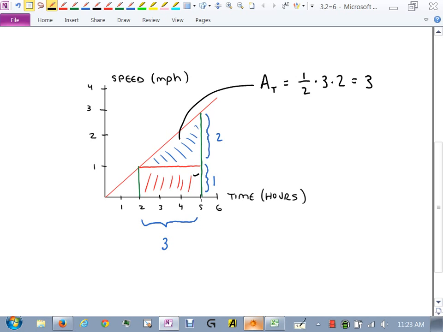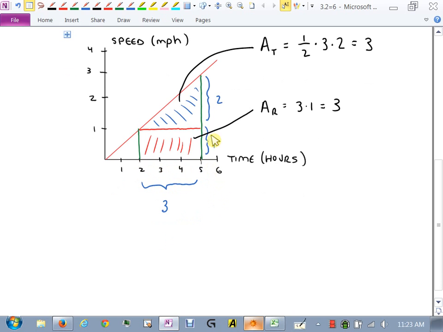And the area of this rectangle is 3 times 1, which is 3. So the total area would be 6. So this person would have also traveled 6 miles, right? In that time between 2 and 5 hours. So there's nothing complicated here, I don't think. It's just finding the area underneath rectangles and triangles, no problem.